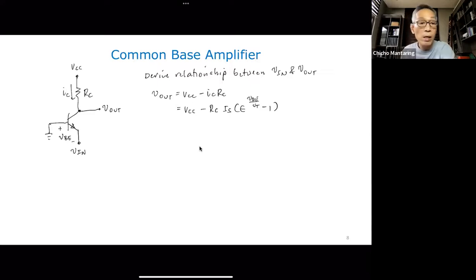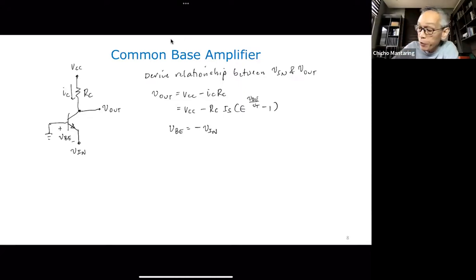The question is this. What is VBE in terms of VIN? Can I hear from someone? Okay, so I have some answers here. Your answers are correct. VBE is equal to negative VIN.